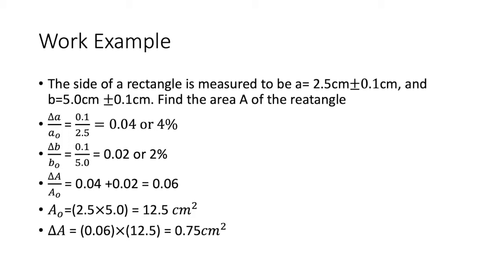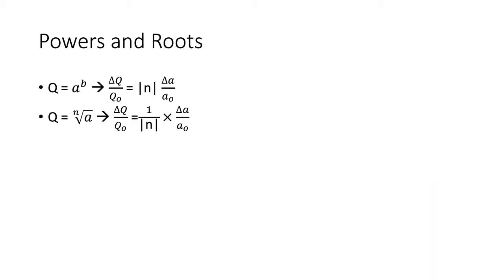Then to find the absolute uncertainty, we multiply 12.5 square centimeters by 0.06, which gives us 0.75 square centimeters. So the final answer of this problem is 12.5 square centimeters plus or minus 0.75 square centimeters.